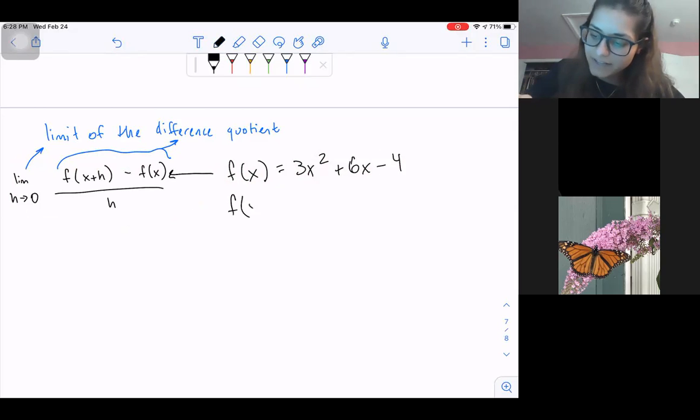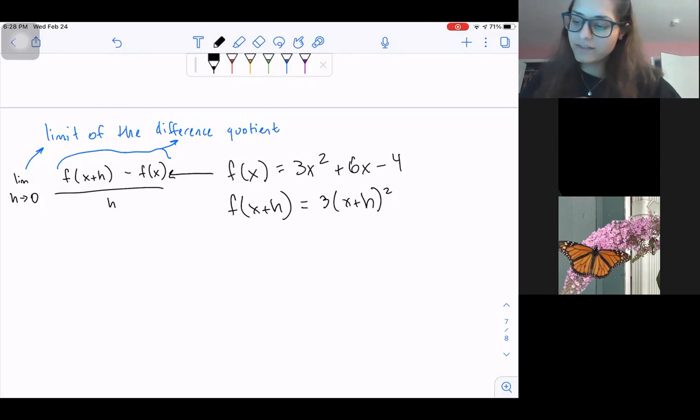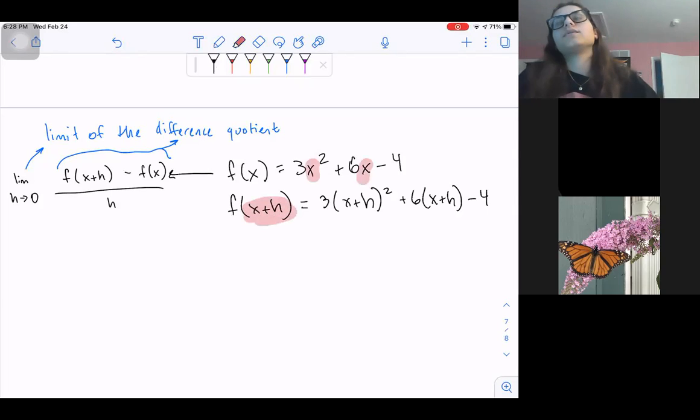When we have f of x plus h, we're going to plug in x plus h for x. So if it's not too confusing, we'll have 3 times x plus h squared plus 6 times x plus h minus 4. So all we've done is taken this x plus h and plugged it in for every x. Just like if we were to do f of 4, we would plug in 4 for x. When we're doing f of x plus h, we're plugging in that x plus h for x.